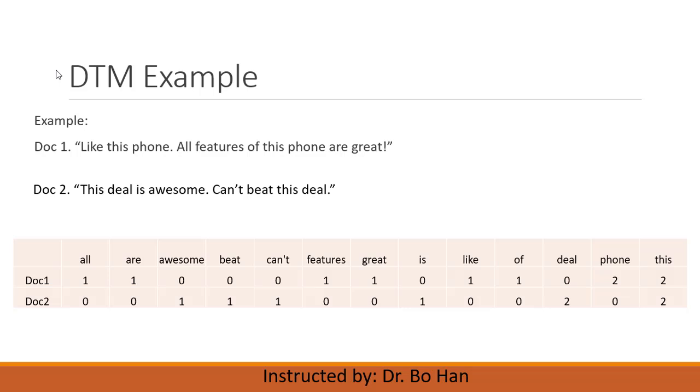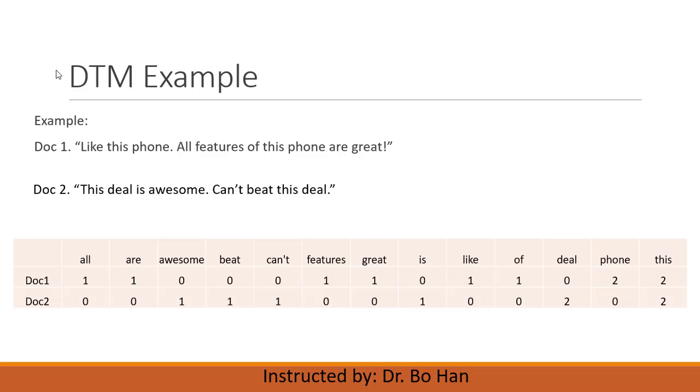This is a frequently appearing word in both documents, right? This appeared twice in the first online review. So I mark 2 for this in the first document. And the term this appeared twice in the second document as well. So I mark 2 for this in the second document. This is the example of a DTM.